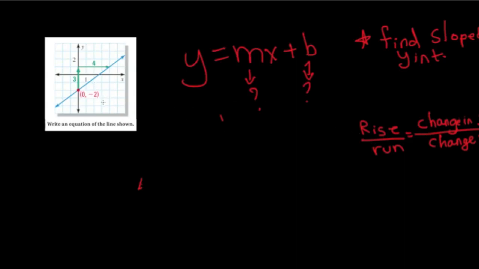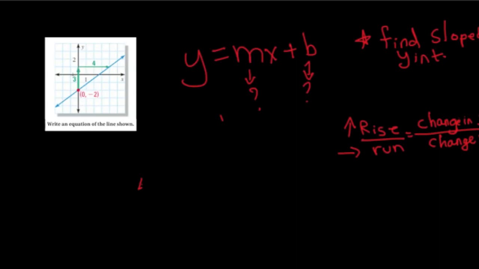But for this particular problem, they've been pretty nice and they've given us what we need to know. All this basically means is the rise is how far up or down we go on our y-axis, and the run is how far right or left we go on our x-axis. So luckily here we've been given both of those.